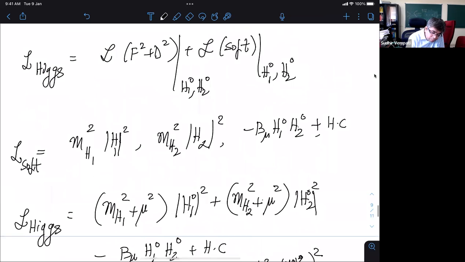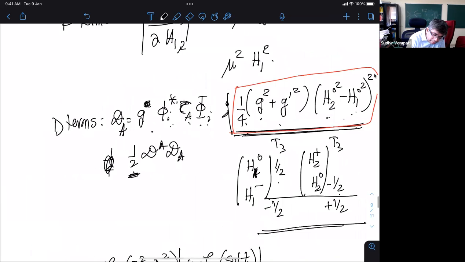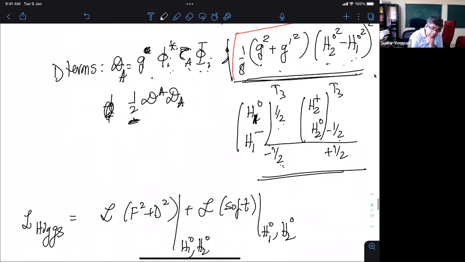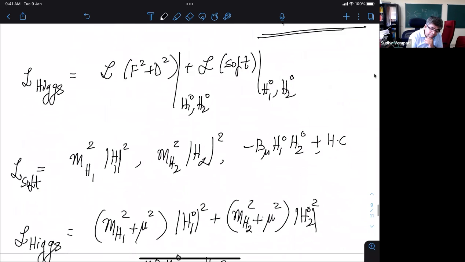Actually, there is a 1 by 2 factor coming, because 1 by 2 whole square is 1 by 4, and with the other 1 by 2 it is 1 by 8. Okay, that's right. It should be 1 by 8. The square of T3, square of Y should give me 1 by 4, 1 by 4, 1 by 2, that's 1 by 8. So that gives me 1 by 8 G square plus G prime square, V2 square minus V1 square.